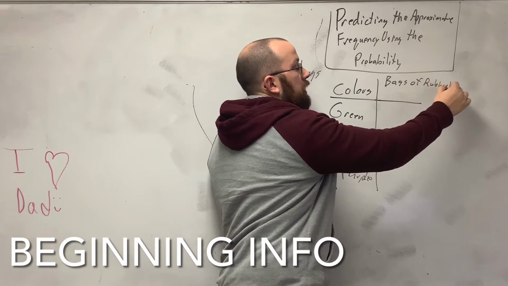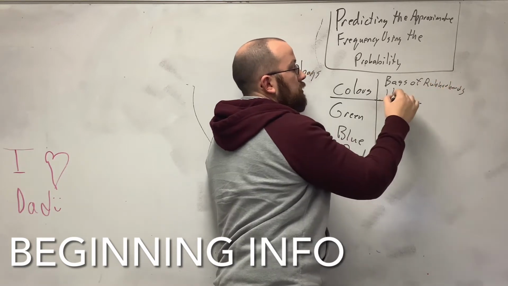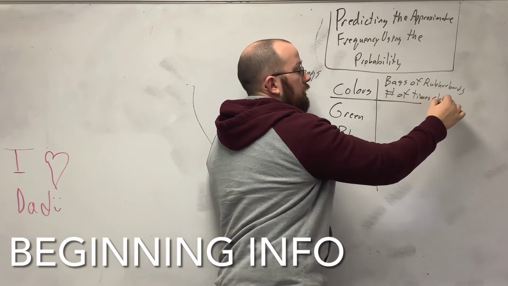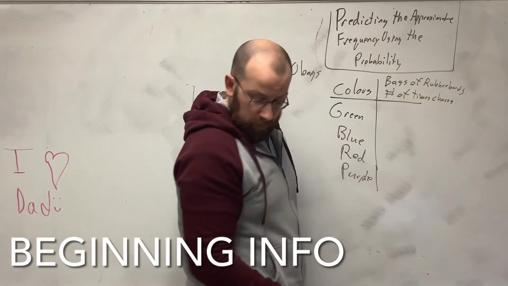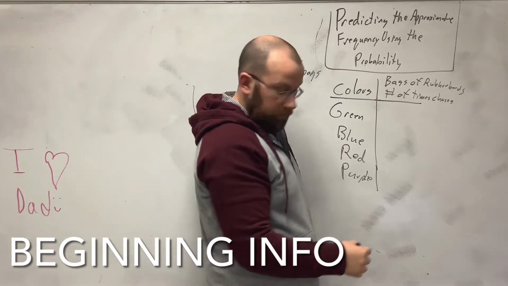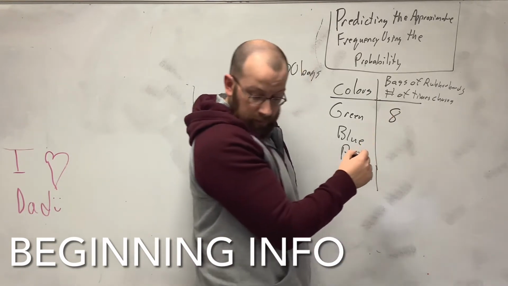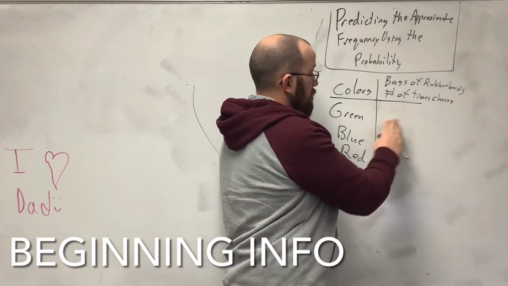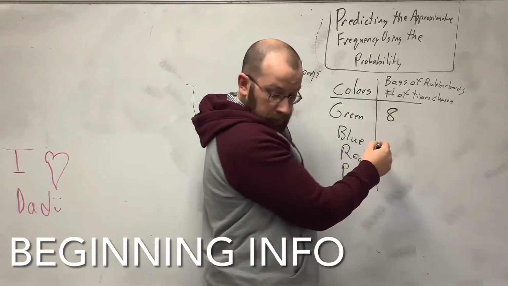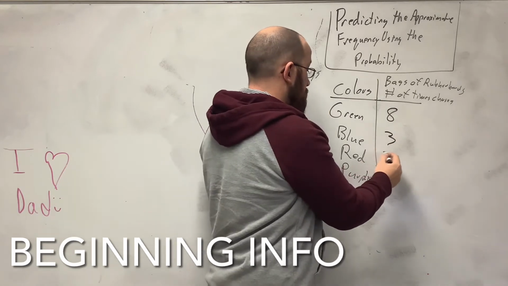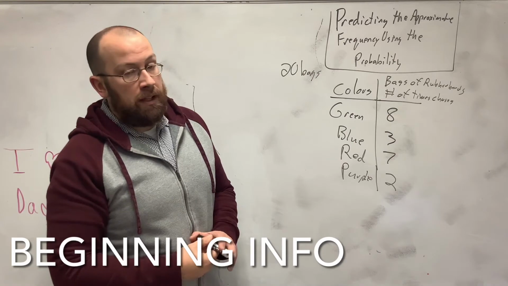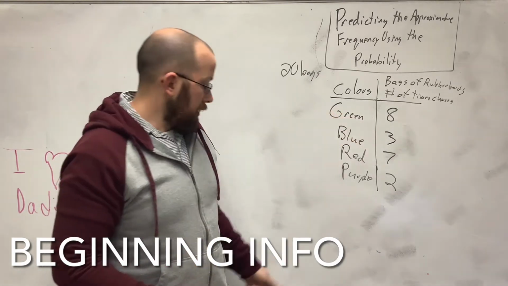I'm going to choose 20 out, and the number of times chosen of the 20, let's say: green 8, blue 3, red 7, purple 2. So of my 20 times, I pull out green 8 times.